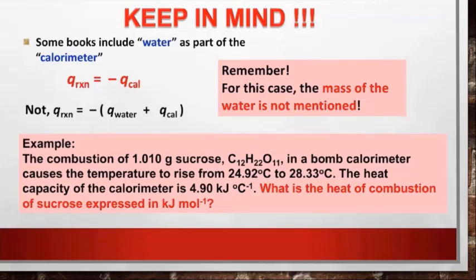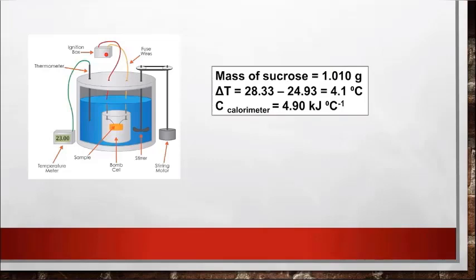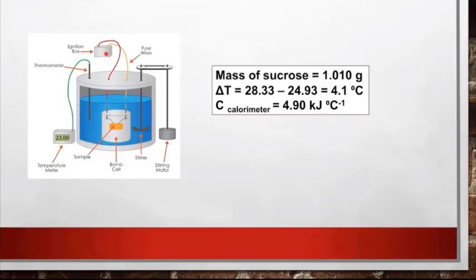That means water is considered as part of the calorimeter. These are some information that can be extracted out from the question. Mass of sucrose is 1.010 grams, delta T, which is the temperature change, is 3.41 degrees Celsius, and heat capacity of calorimeter is 4.90 kilojoule per degree Celsius. This information will be used in your calculation later.